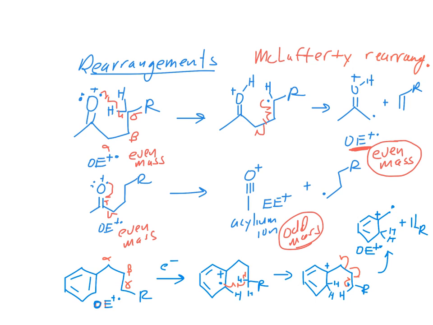And so if we go from an even mass, we would end up with another ion with an even mass. In fact, this mass is at m over z equals 92.